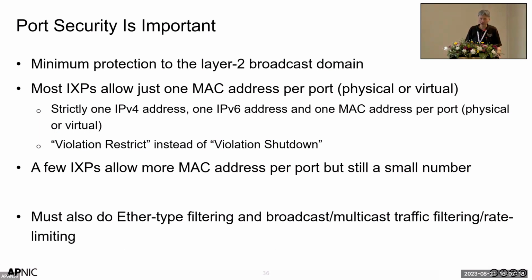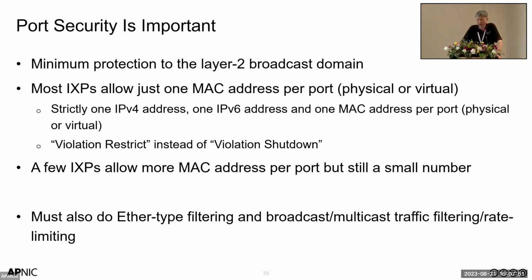IX is a layer 2 network. A layer 2 network would have more problems than layer 3 networks because it's a single broadcast domain. It's very difficult to protect your network, and the minimum that you have to do is port security, meaning that you should only allow 1 or 2 MAC addresses.